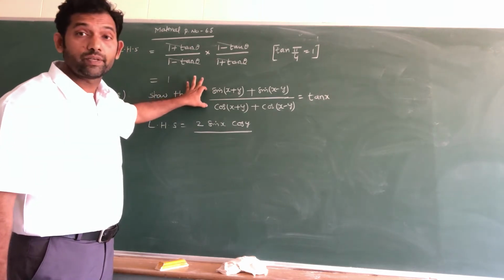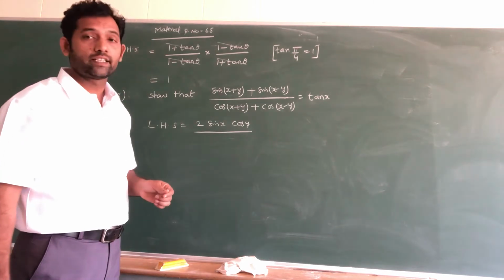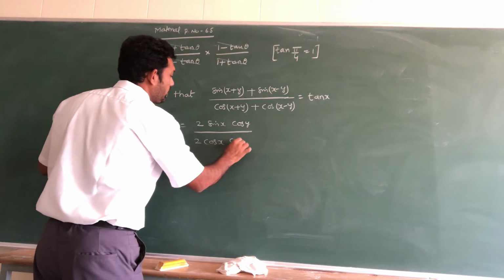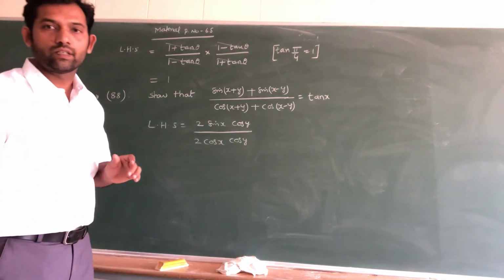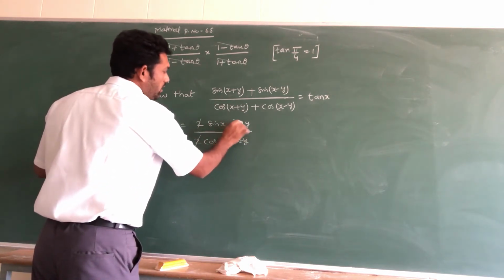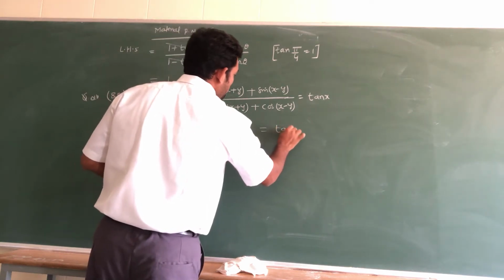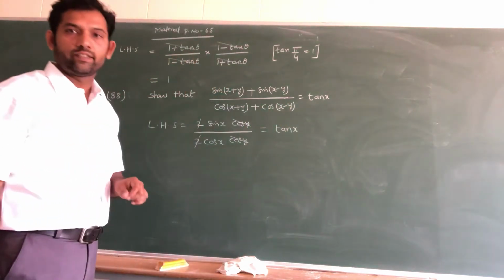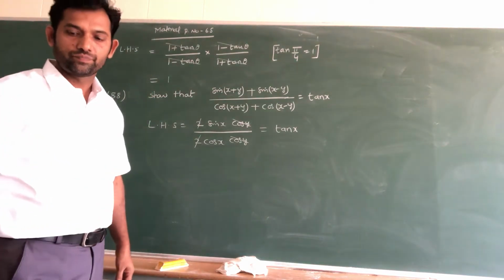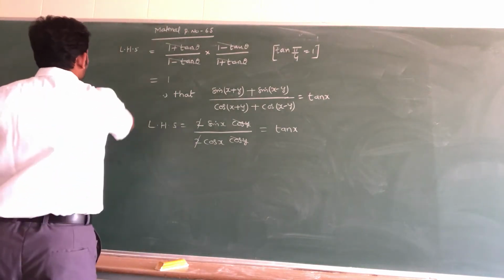It is 2 cos x cos y. So in simplification the 2 gets cancelled, cos y cancels. Sin x by cos x is tan x. Note down fast. Very simple questions, completely based on formulas.